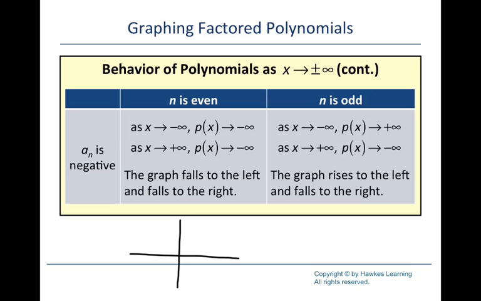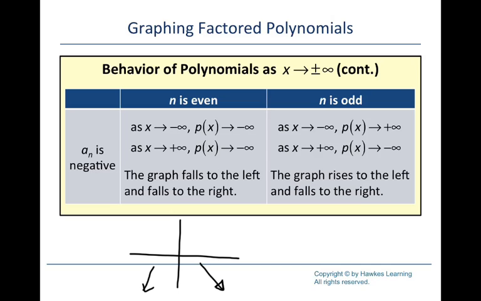As x approaches negative infinity, y approaches negative infinity, so it goes down on the left, and as x approaches positive infinity, y approaches negative infinity, so it goes down on the right. So instead of opening up, when the number in front is negative, our graph opens down. It's flipped over the x-axis. Again, what happens in the middle depends on the polynomial.